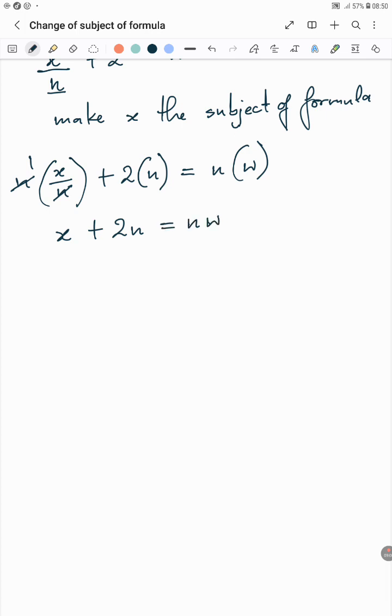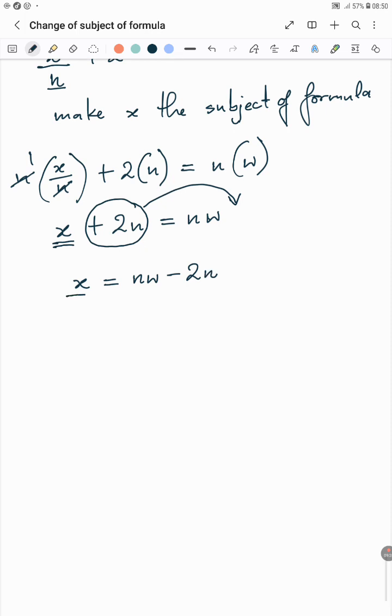And for you to remain with only x on this side, you have to remove or move this 2n to the right hand side. So when you move it, it's going to change its sign to negative. So your answer will be x is equal to nw minus 2n.